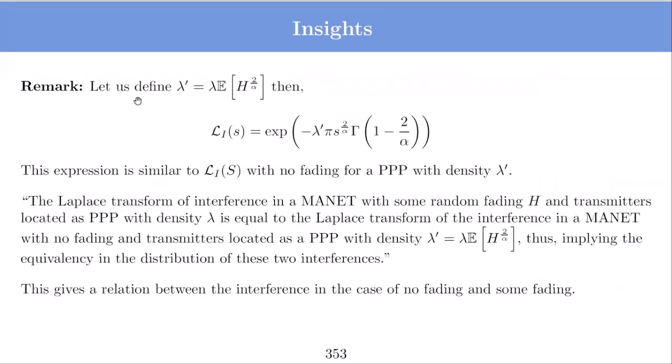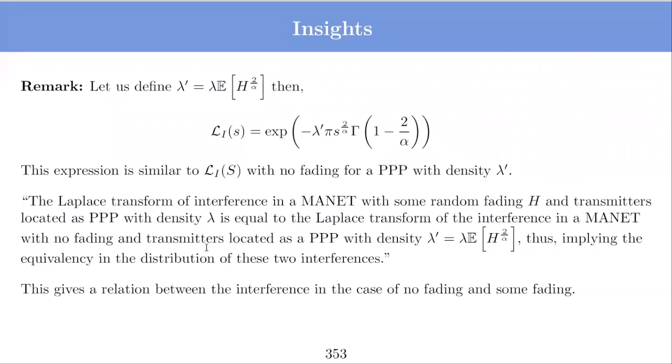So if I define lambda dash equal to lambda times E[h^(2 by alpha)], then I get the SIR coverage probability as exp of minus lambda dash pi r squared gamma 1 plus 2 by alpha gamma 1 minus 2 by alpha, which is the same as the Laplace transform of the interference in the no fading case with density lambda dash.